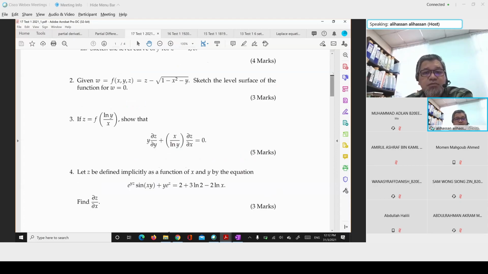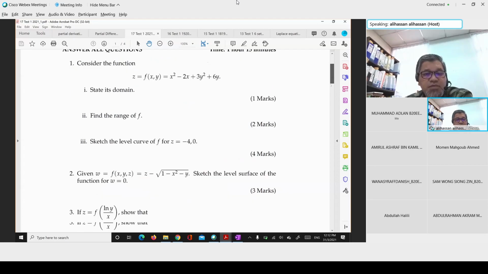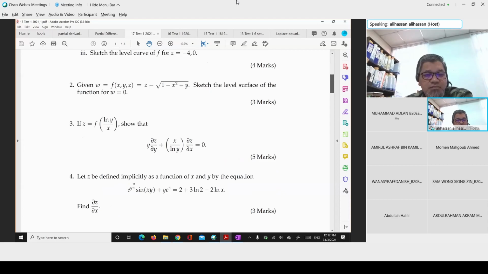For this example here, z is defined explicitly in terms of x and y. We have z alone on the left hand side, and we have an expression in terms of x and y only on the right hand side. However, in this equation, z is a function of x and y, but it satisfies this relationship here.